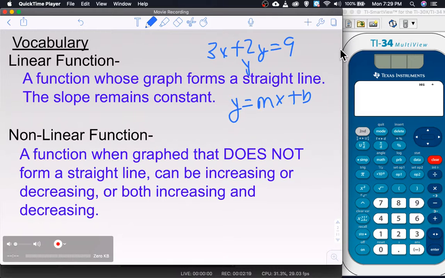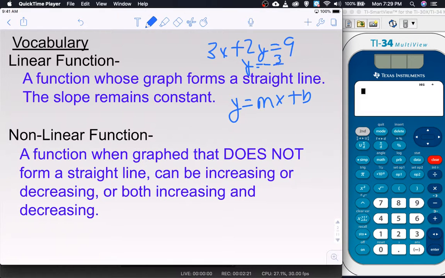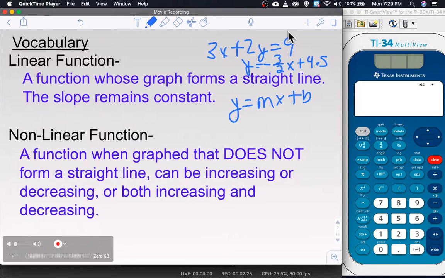That would be y equals negative 3 over 2 x plus 4.5. So I can make it slope-intercept form, which means it is linear. If I cannot do this, if it's impossible, then you're looking at a nonlinear function.